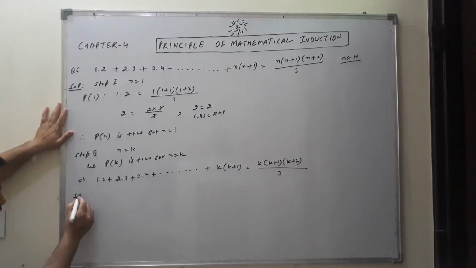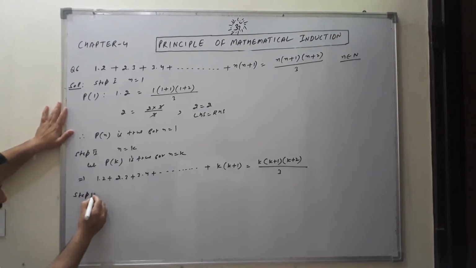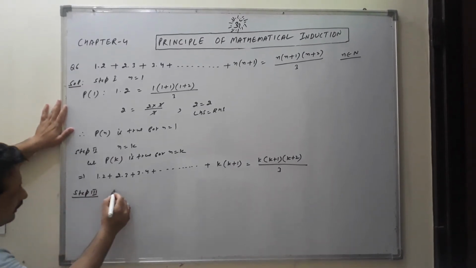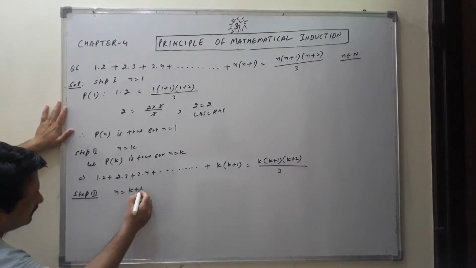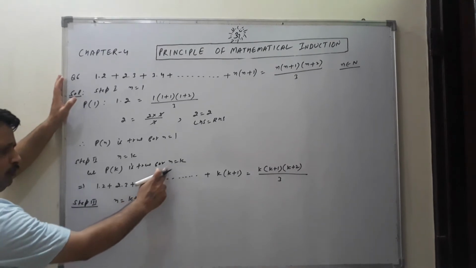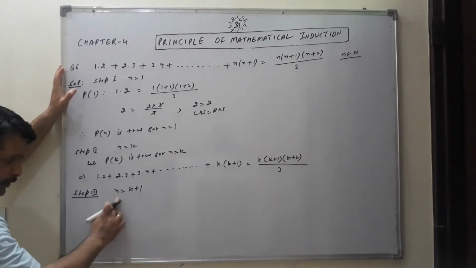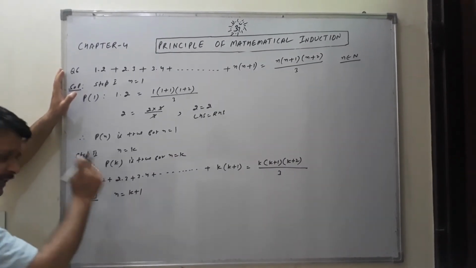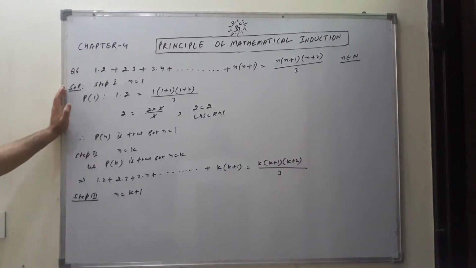Come with the third step. Step number 3: here n is equal to k plus 1. If P of k is true for n is equal to k, we have to prove now that n is equal to k plus 1 is also true.